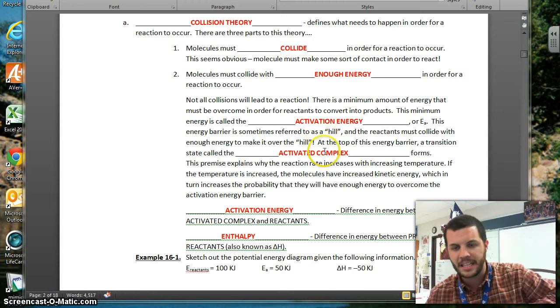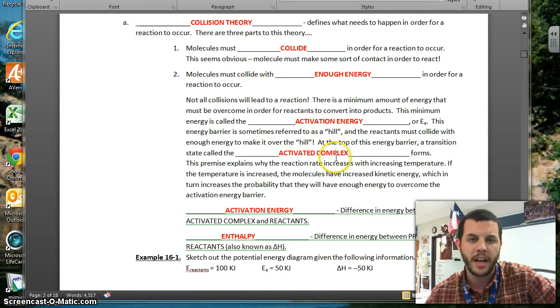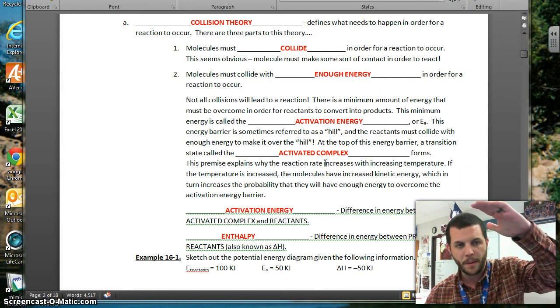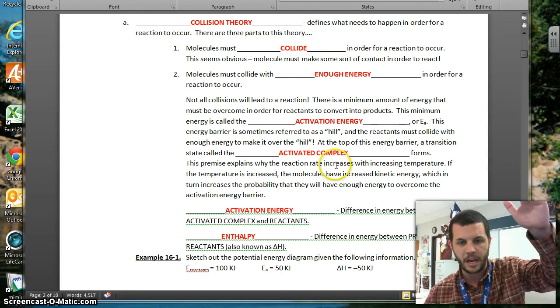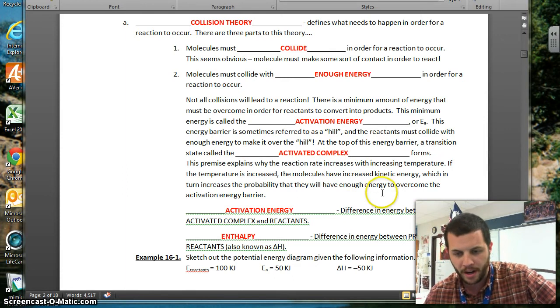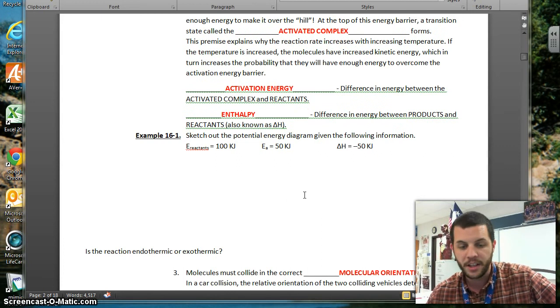You've got to make the activated complex, and that energy that's associated with that is called the activation energy. So when molecules collide, they have to collide with enough energy to make it to the top of the hill. If they get to the top of the hill, then they'll roll back down the hill and form their products. And of course, we already know that the difference between products and reactants is known as enthalpy.